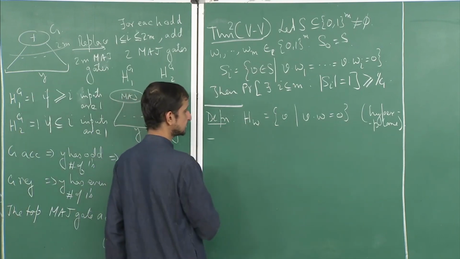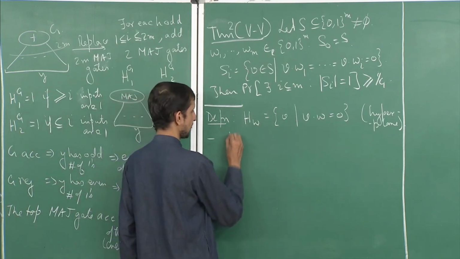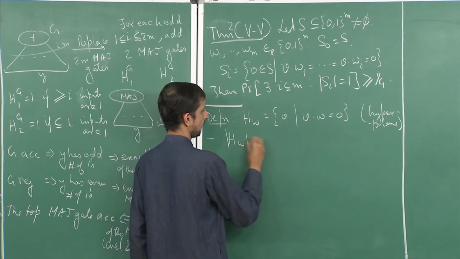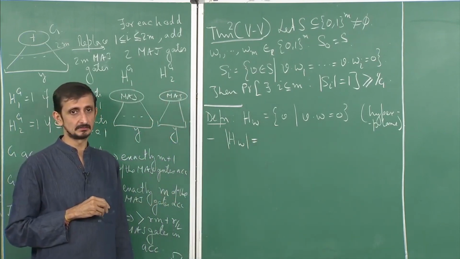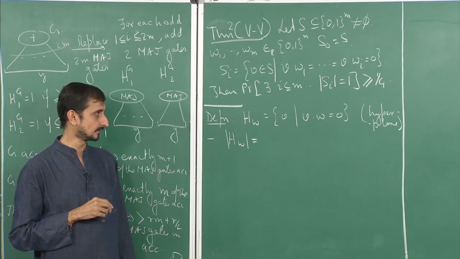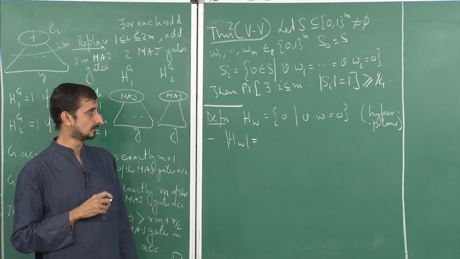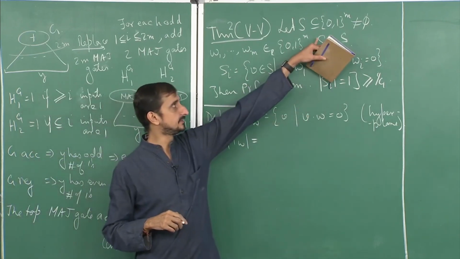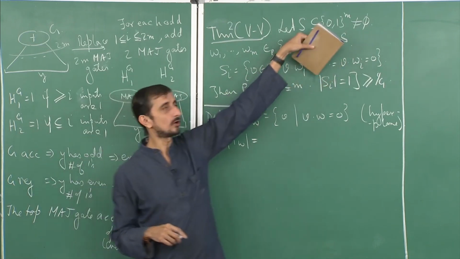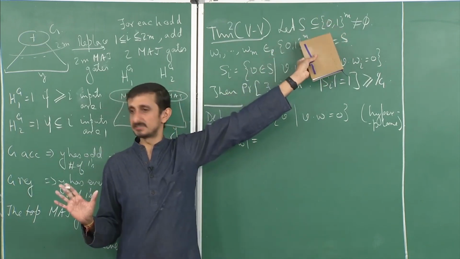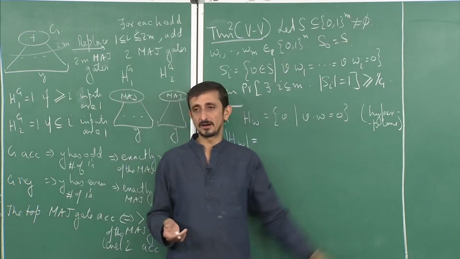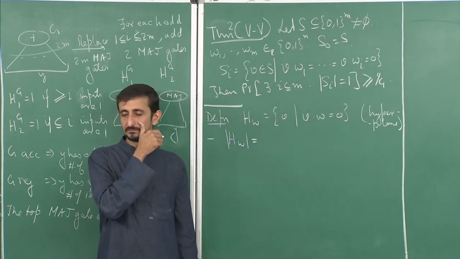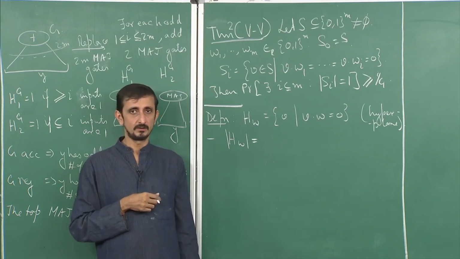Next, what is the size of this subspace? How many vectors are there? So, the total space is 0 1 to the power m. S need not be a vector space, S is just some set. We cannot assume that S is a vector space, but of course 0 1 to the power m is a vector space over F2.